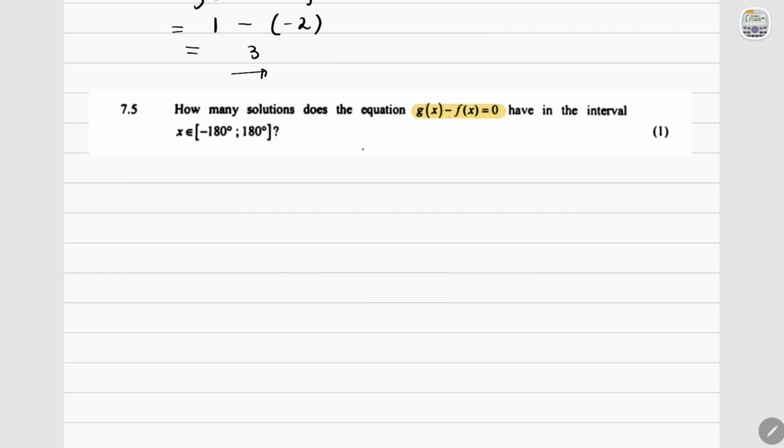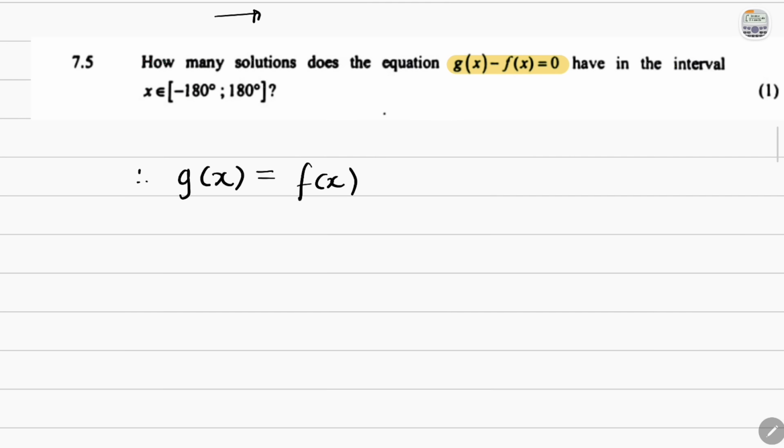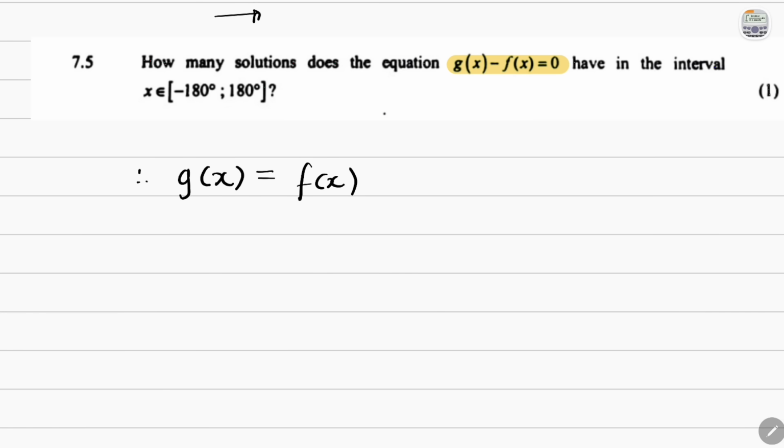So they just want to see how many solutions does this have. Do you notice that this just has a minus f of x? Why don't we just take that over so we can better understand this equation as g of x is equal to f of x, okay, positive f of x. They're just saying count the number of solutions you have for this equation.